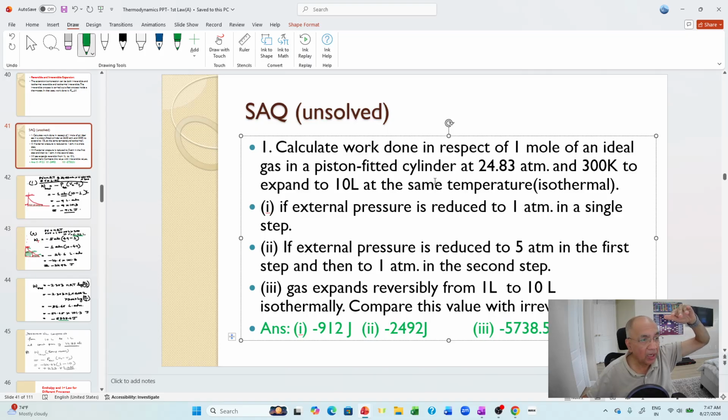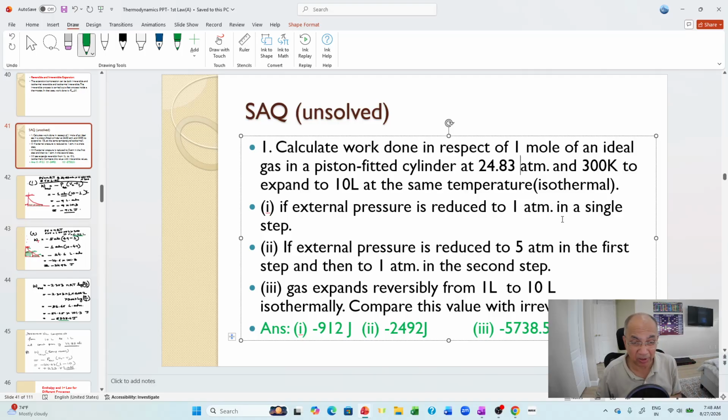1 mole, and also, we don't know the volume, but we can find out. PV is equal to nRT is given, everything is given. So we find out the volume will be coming 1 liter. It was 1 liter to expand to 10 liter. In one stroke, number 1, if the pressure is reduced to 1 atm in a single step, that is irreversible.